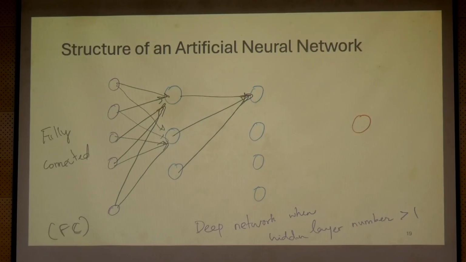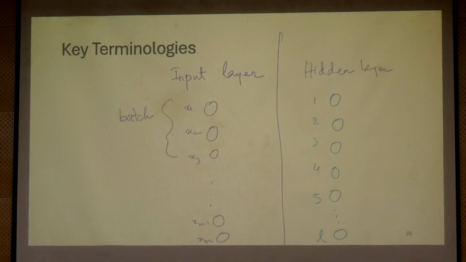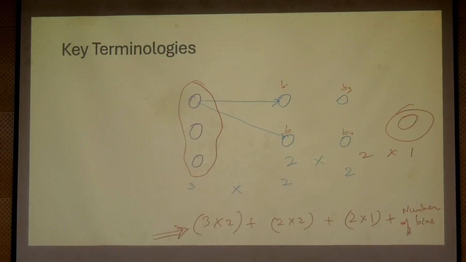Okay? So now it's a fully connected neural network. So we will be discussing only fully connected networks. In any fully connected network, the number of weights in the network depends upon the number of input elements, number of neurons in a hidden layer, number of hidden layers, and number of output elements.